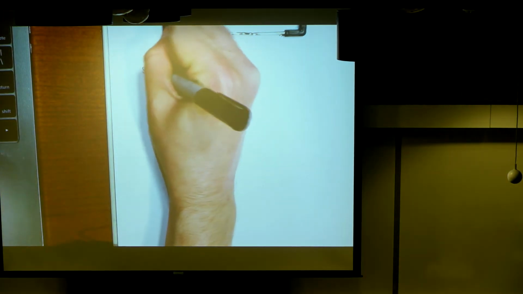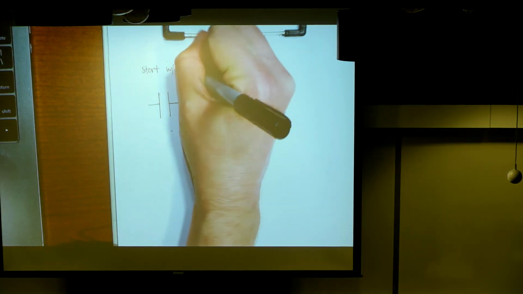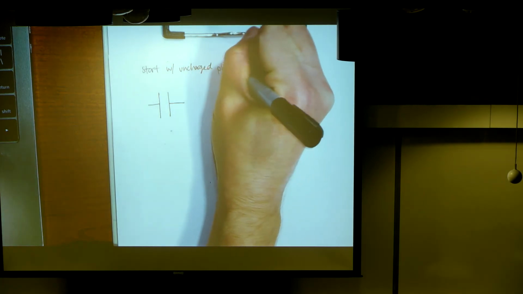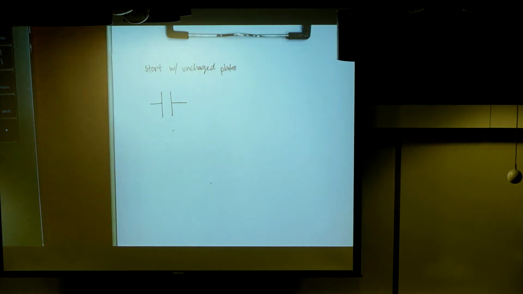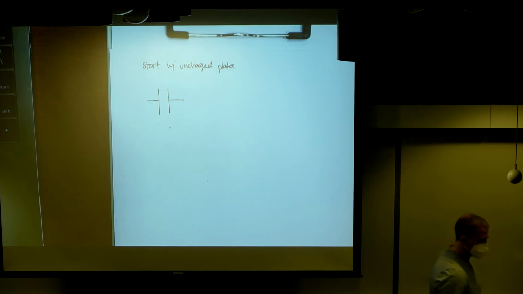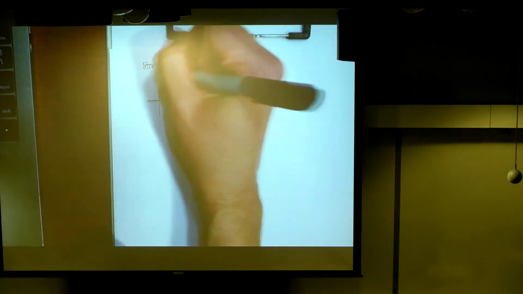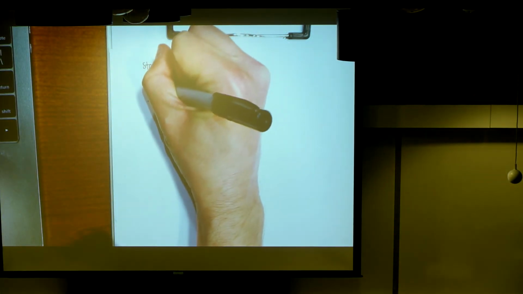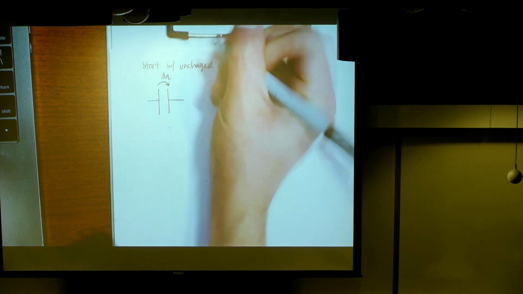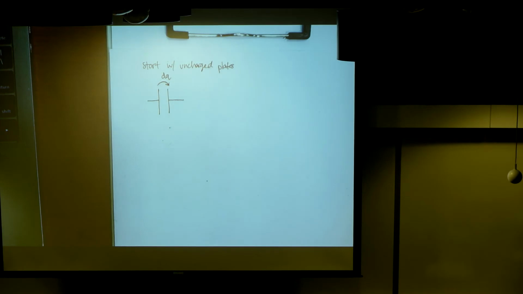I'm going to start with uncharged plates. Okay, so if we have 2 uncharged plates, how can we start to charge them up? One way to do this is to take some amount of charge, let's call it dq, and then move it from one plate to the other.